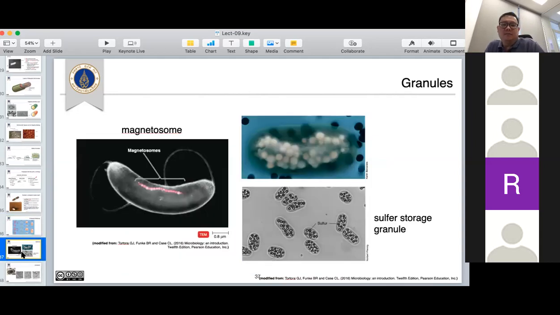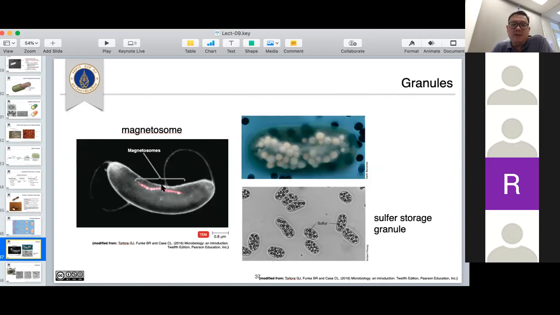Next one, this is rare but can be found in some bacteria. It is the granule. Bacteria have granules inside. Some granules contain carbohydrate. Some granules contain sulfur. Some granules contain magnetic material, for example, the magnetosome of bacteria in magnetobacteria.